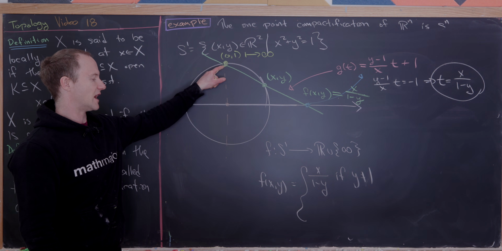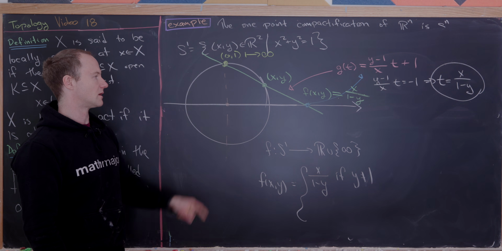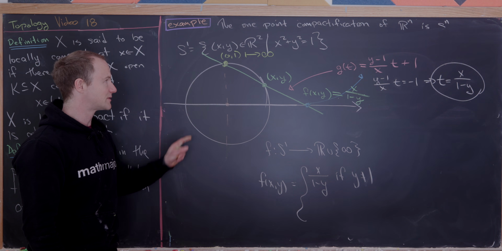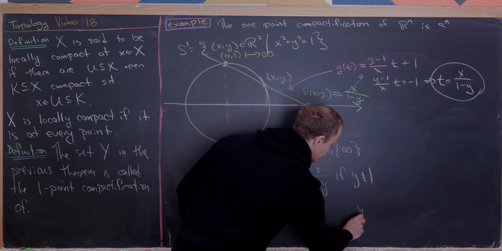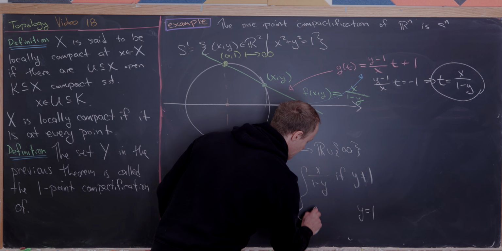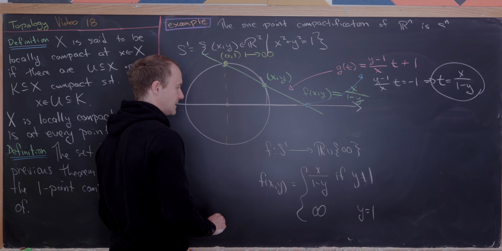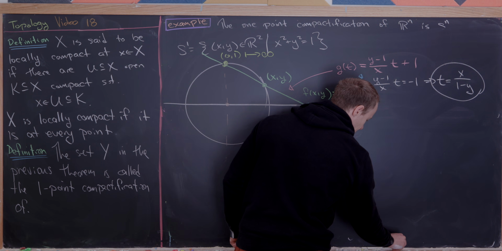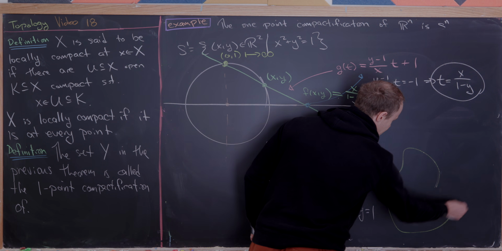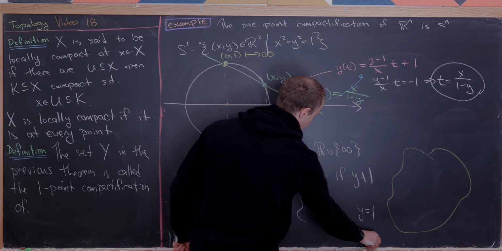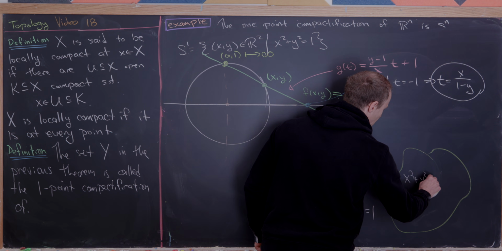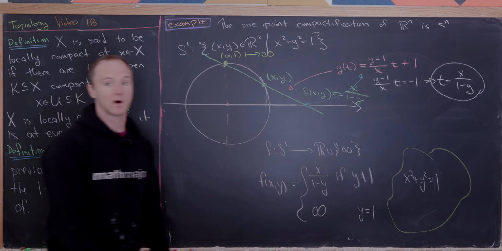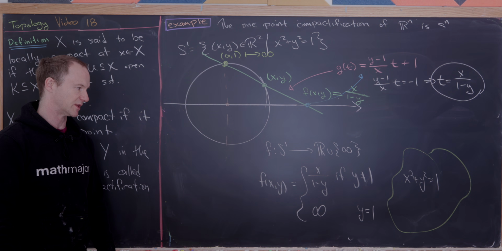So that's going to define where the function sends every point along this circle except for the North Pole. And it's going to send the North Pole, which is the place where y equals 1, to our point at infinity. And behind all of this, we have a restriction on x and y: x squared plus y squared must always be equal to 1 because we're on the circle in the first place.